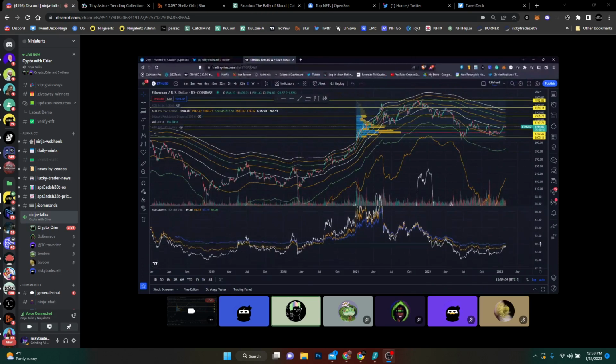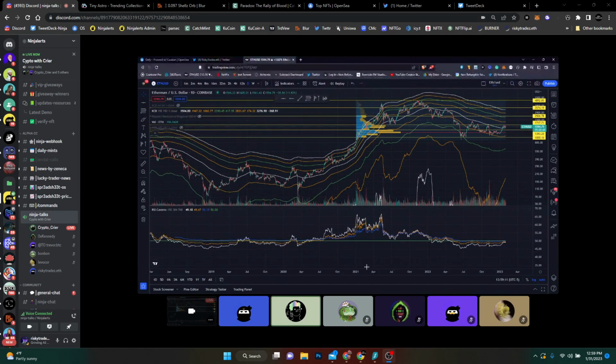kind of explain this here. So this is kind of why I said the May top in 2021 is why I considered this the actual top. We see a March 2020, all of this very low 50. When something is RSI 50, that means it's not overbought, it's not oversold.